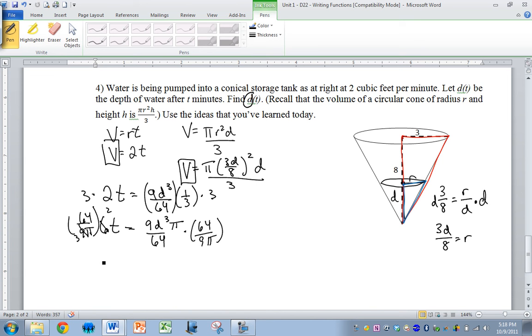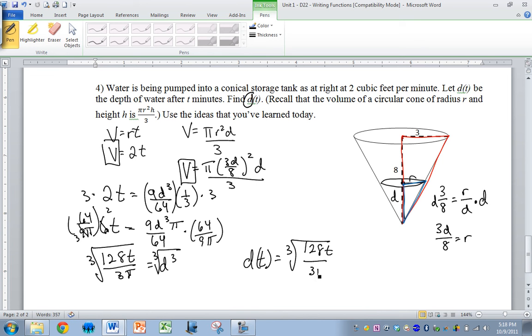So then I get 128t over 3 pi equals d cubed. So I take the cube root of both sides. So my function then is d of t equals the cube root of 128t over 3 pi.